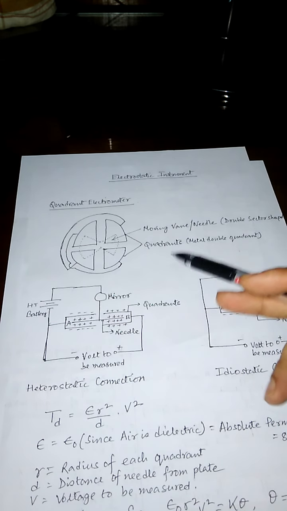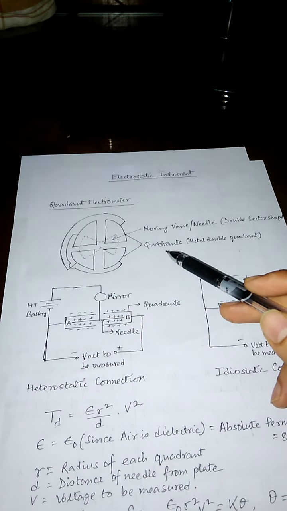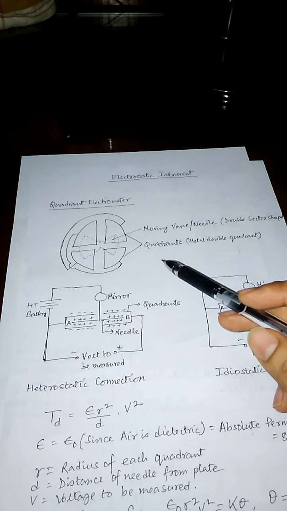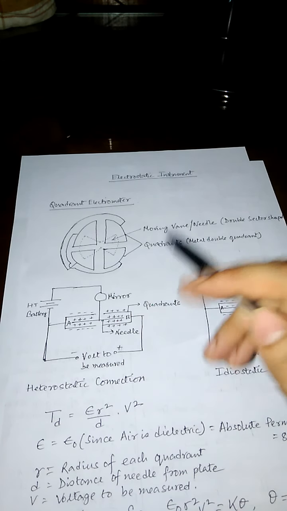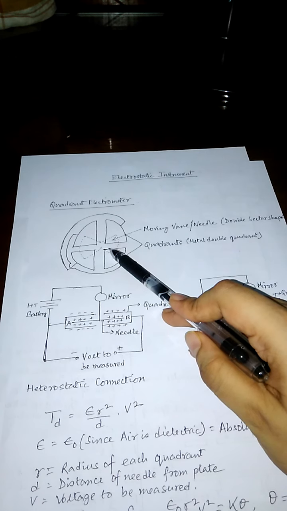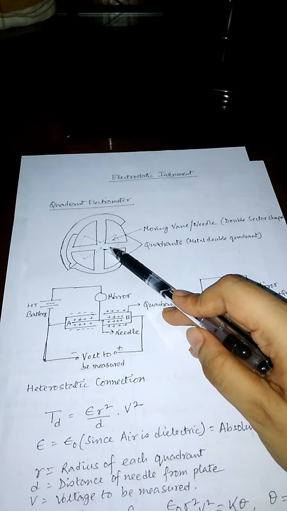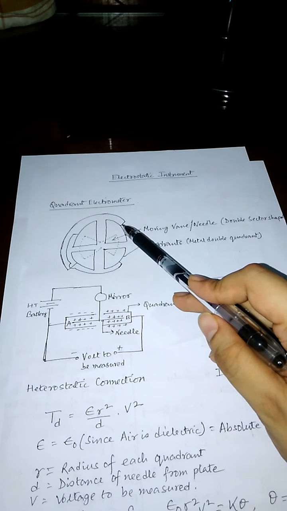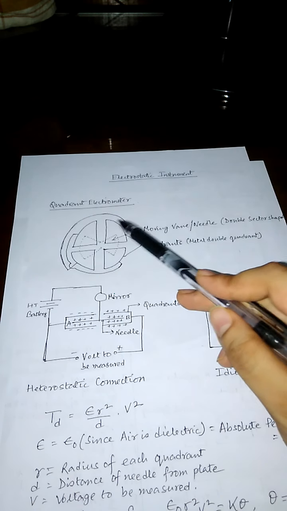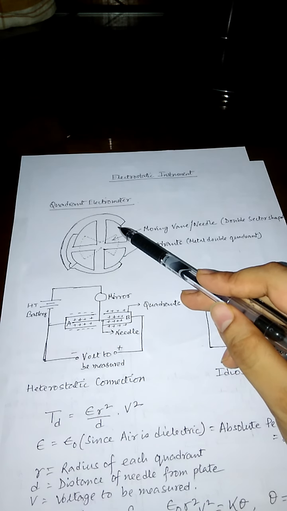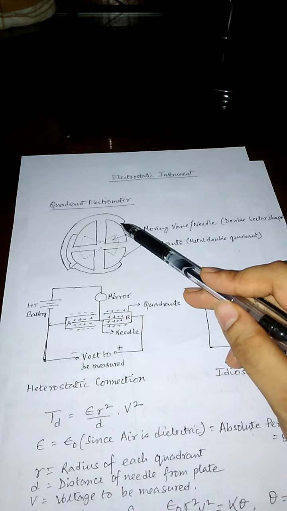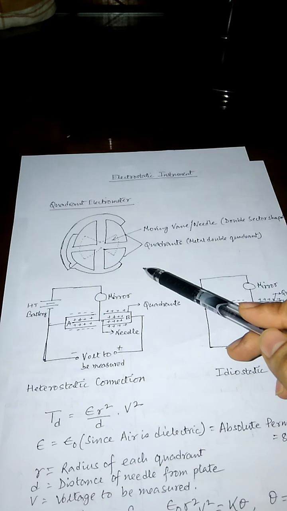And another type of arrangement can be done, that is an alternate arrangement, mounting the needle. This needle or vane can be mounted on a spindle. That means it is not suspended, it is mounted on the spindle, and the controlling torque is provided by a spring attached to the spindle.